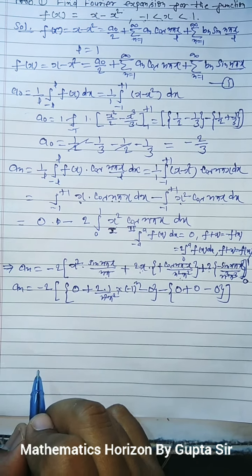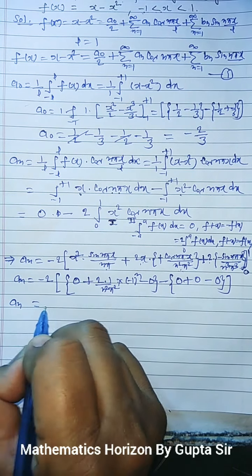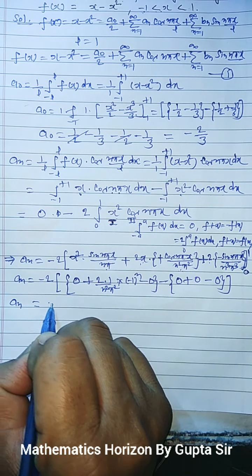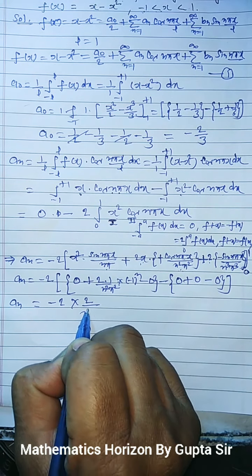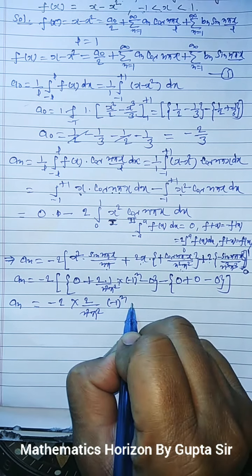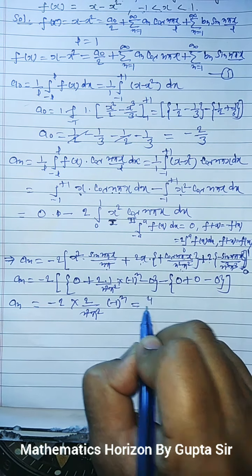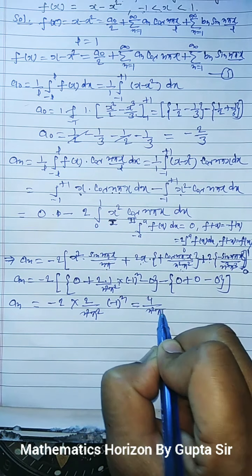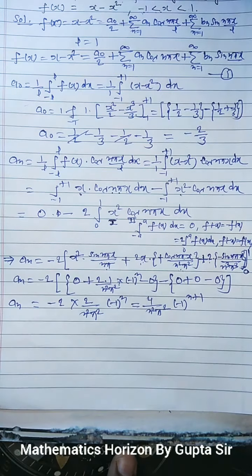On solving this, we get an is equal to minus 2 into 2 upon n square pi square minus 1 to the power n, that is 4 upon n square pi square and minus 1 to the power n plus 1.